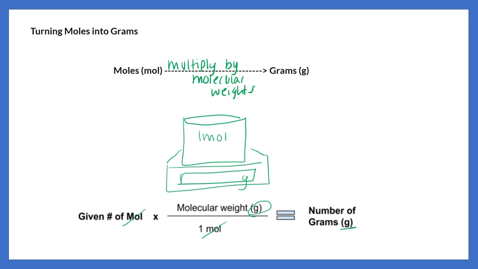I need to know how much one of these things weighs, how much one of those atoms weighs, or how much 1 mole of those atoms weighs, to know how many grams I have.